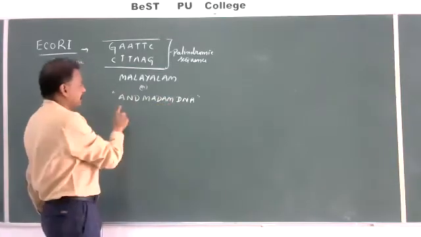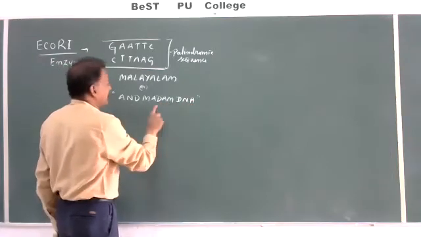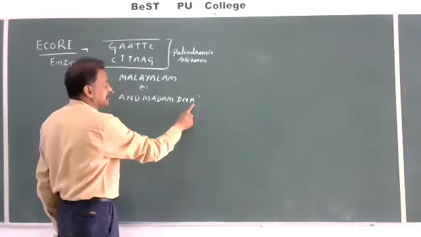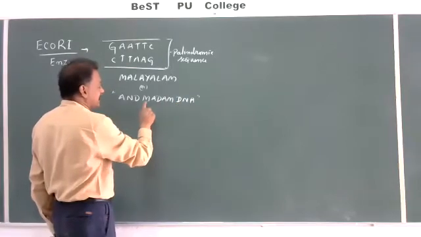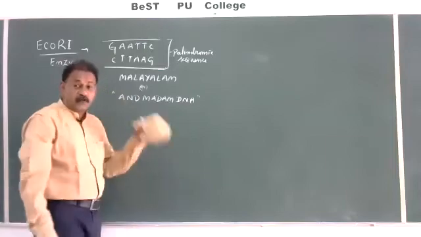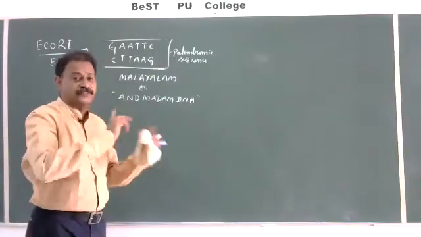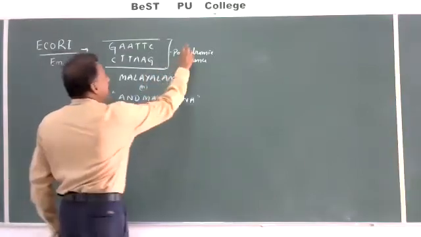Same word: Malayalam, Madam. So any word which can be read the same when read in the opposite direction is called a palindromic sequence.